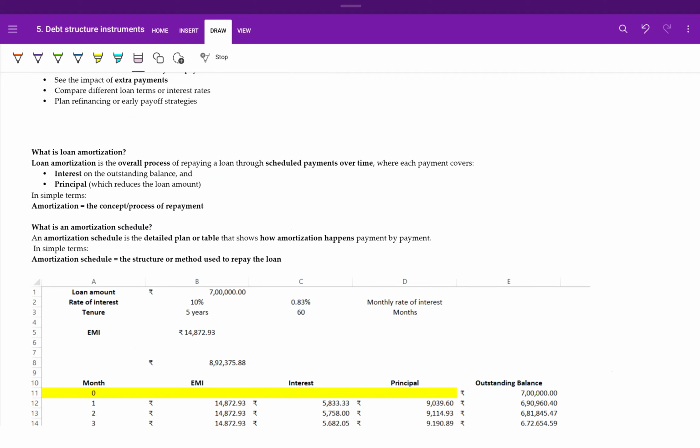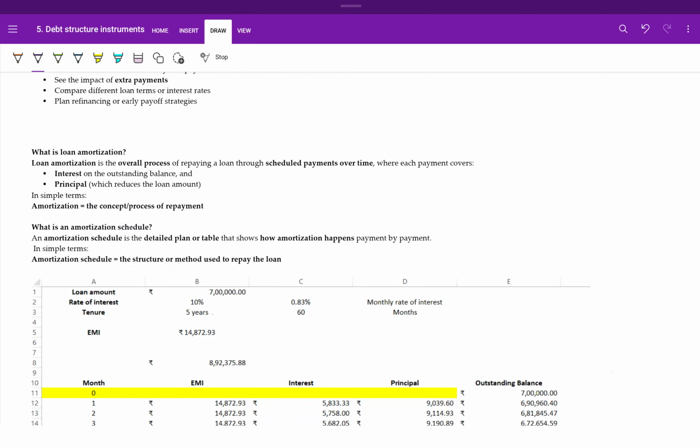Understanding amortization is critical because it explains how loans are repaid, how interest behaves over time, and why two loans with the same amount can cost very differently. There are going to be different totals for two loans depending on their structure. When you take out a loan, if the tenure is longer, the loan stretches out to a higher tenure.